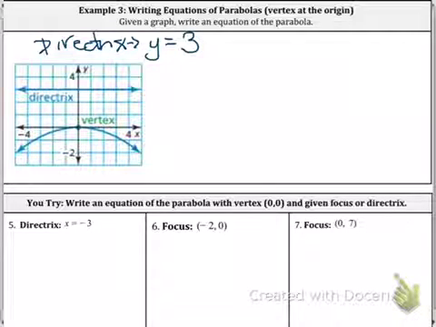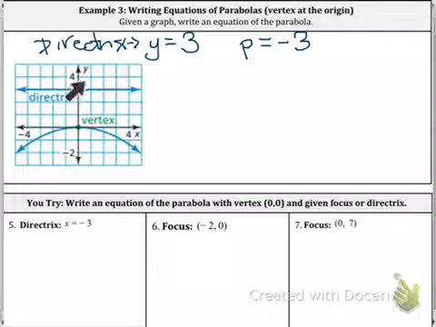So if we know that, then we know that the p-value is opposite, which means the p-value is -3.